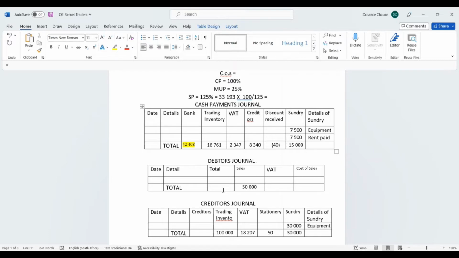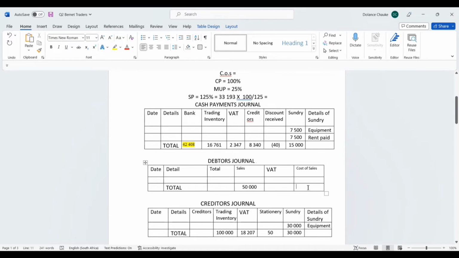With the Debtors General, they give you only one amount. Then you need to calculate the total there. You also need to calculate the VAT, and you need to calculate the cost of sales.